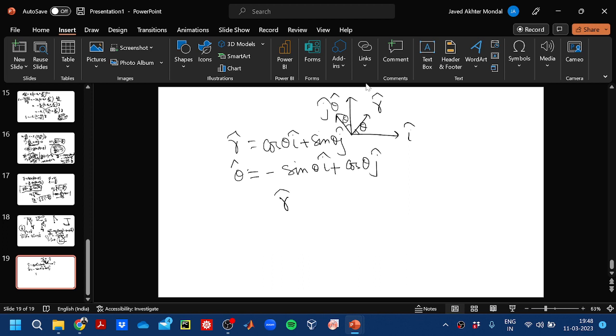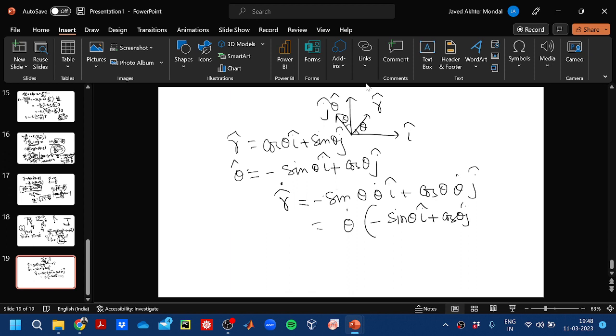So what will be the derivative of r cap? It will be minus sine theta theta dot i cap plus cosine theta theta dot j cap. If we take theta dot common, then we can see that it will have minus sine theta i cap plus cosine theta j cap.